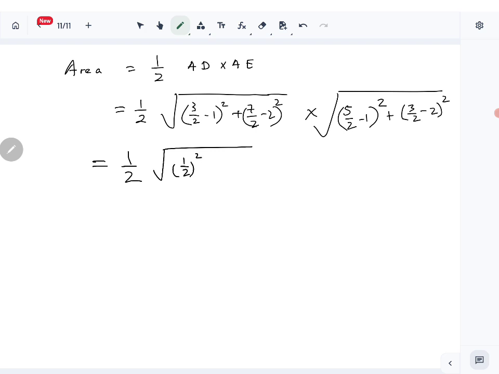Half squared plus 3 over 2 squared, that is 3 over 2 squared plus half squared, right?